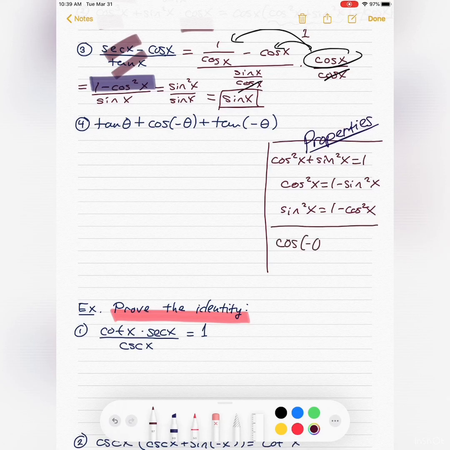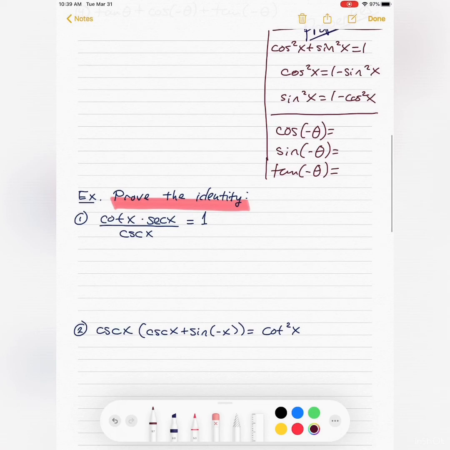Just thinking of what would happen if I had a negative argument for cosine, sine, or tangent. And then we'll look back at that problem. But actually, this is pretty easy to come up with because I'm just going to think about the unit circle for a second. So say I have a positive angle theta versus the same negative angle theta. So what do you notice about each of those terminal points?